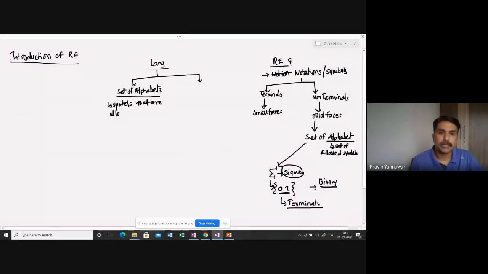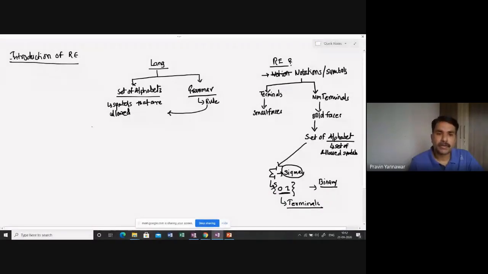And the most important second thing is called grammar. Grammar is nothing but a rule. So this rule, please try to understand, is applied onto this particular symbol.